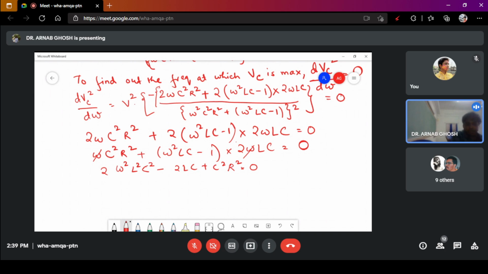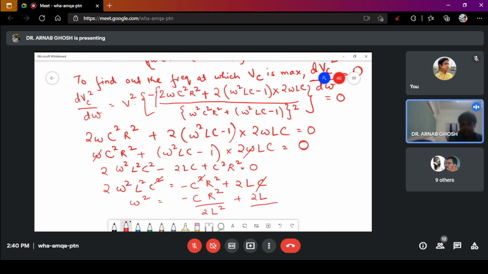So what will it become? 2 omega square L square C square will be equal to minus C square R square plus 2LC. This L, this C and this C get cancelled out. So omega square is equal to minus C R square by 2L square plus 2L by 2L square C. This is what it is coming out.